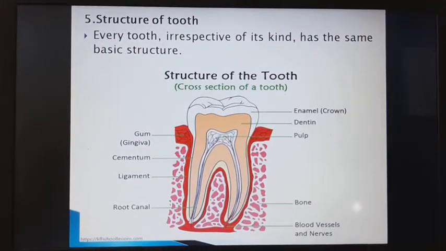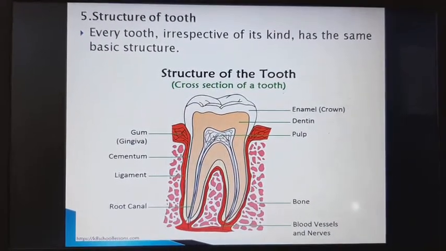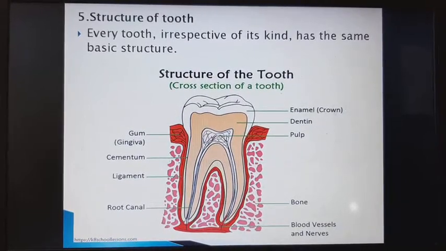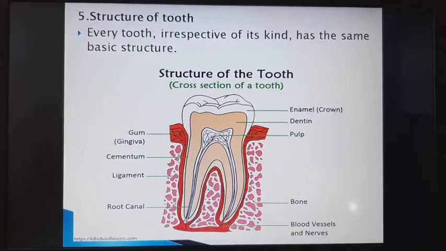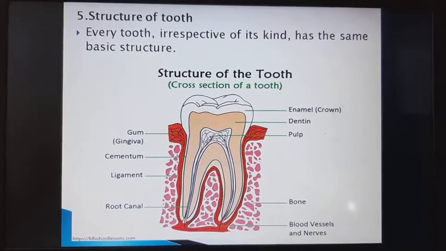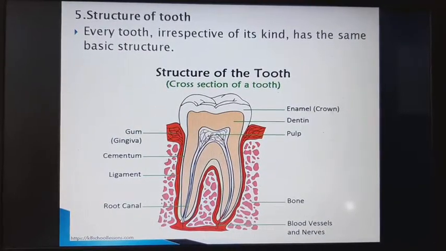Fifth, structure of tooth. Every tooth, irrespective of its kind, has the same basic structure. Observe the structure of the tooth. It is a cross section of a tooth.